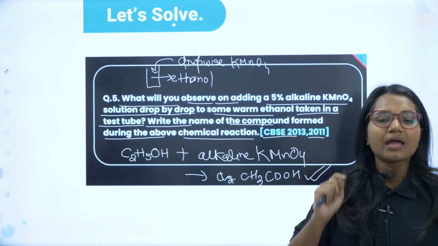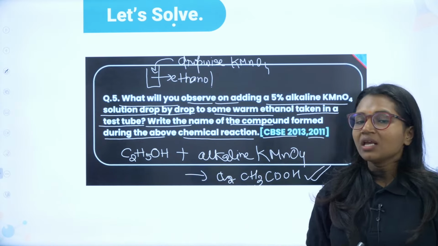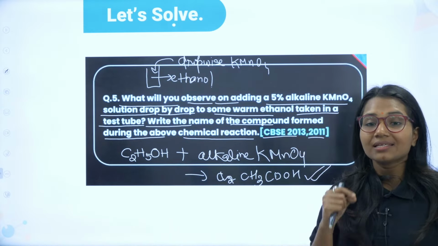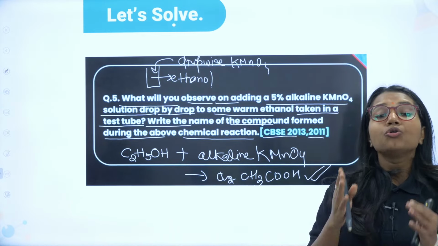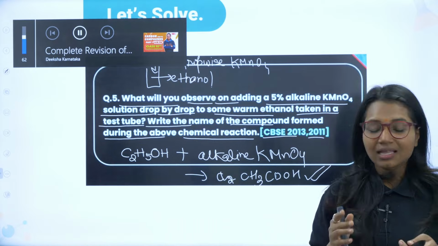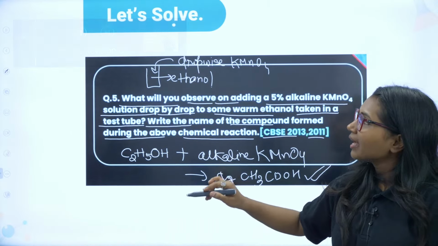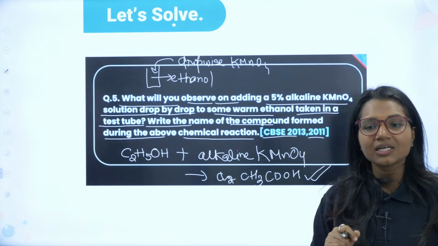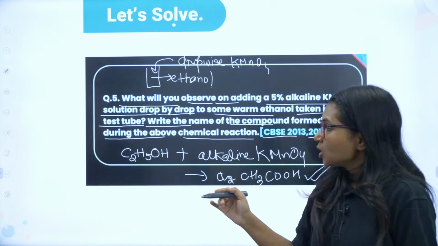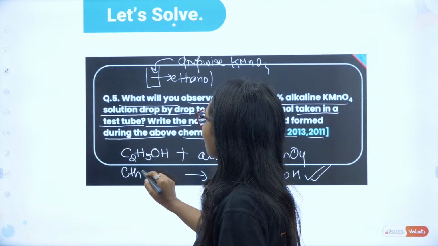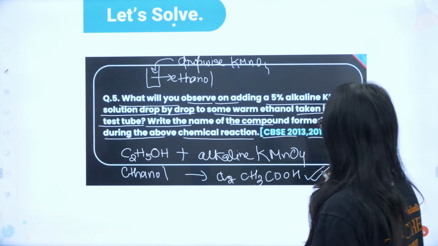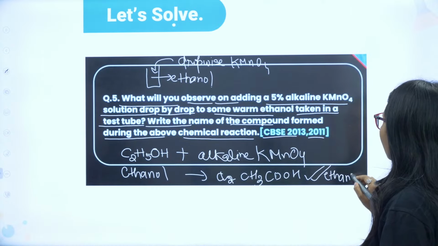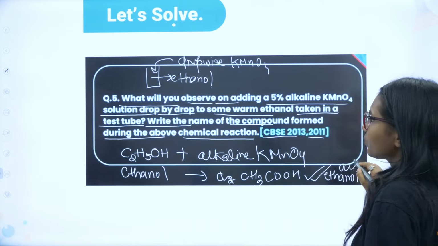When ethanol, a 2-carbon alcohol, is treated drop-wise with alkaline KMnO4, you are oxidizing that compound and getting acetic acid, or ethanoic acid. So ethanol is converted into ethanoic acid.